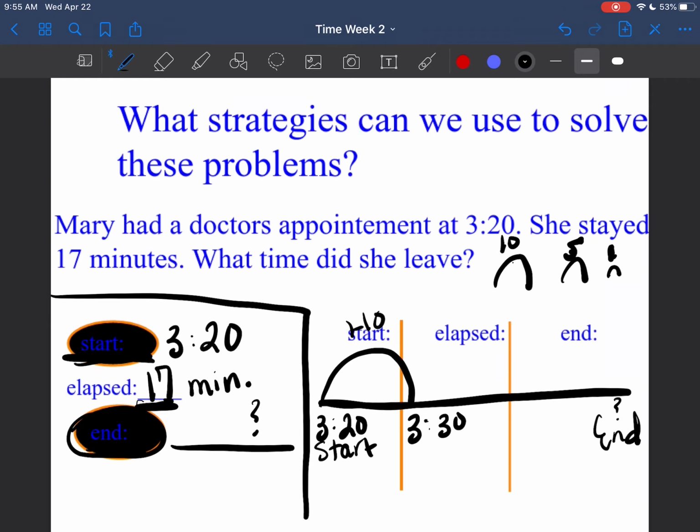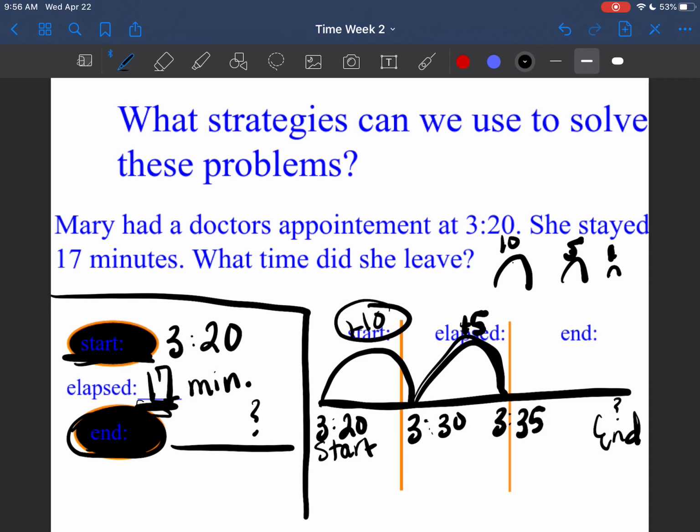Now, I need to jump 17 minutes. So far, I've jumped 10. Can I do another jump of 10? No, I can't because 10 plus 10 is 20, and that's too long. So I'm going to make a jump of 5. 3:30 plus 5 minutes is 3:35.